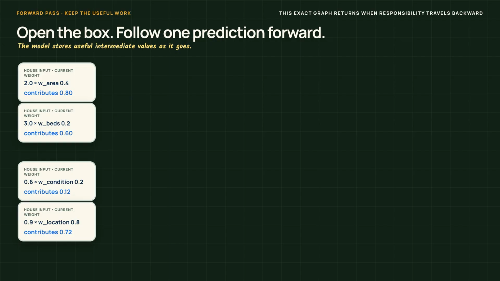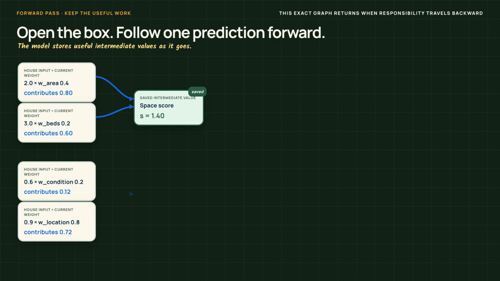Floor area 2.0 multiplied by its importance 0.4 contributes 0.8. Bedrooms 3.0 multiplied by 0.2 contributes 0.6. Together they form a saved space score of 1.40.